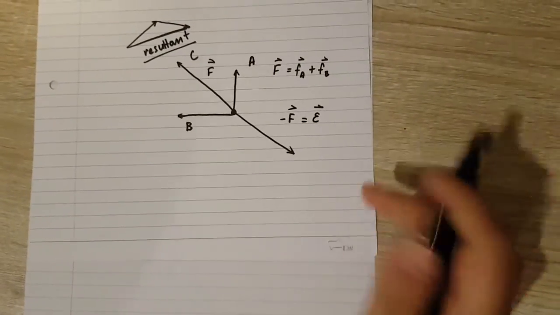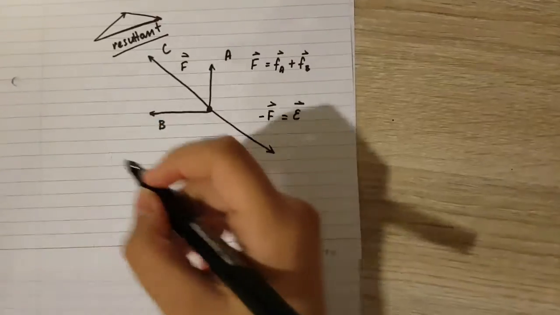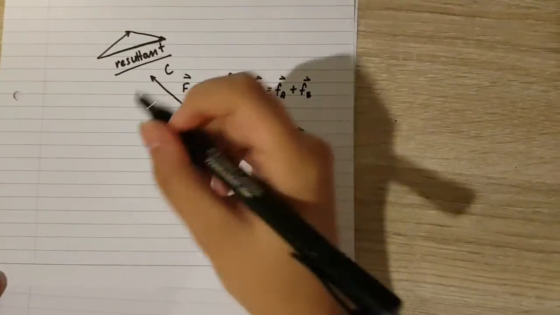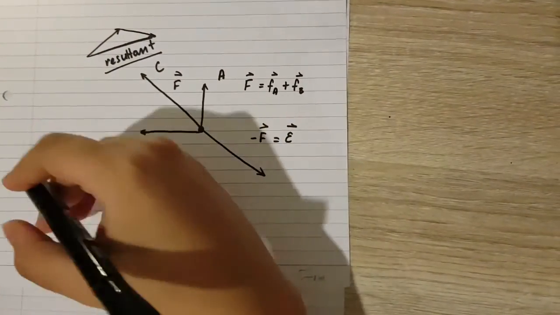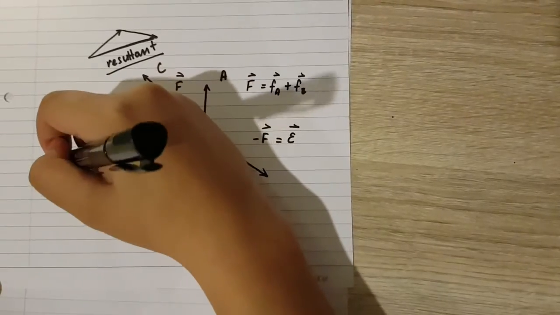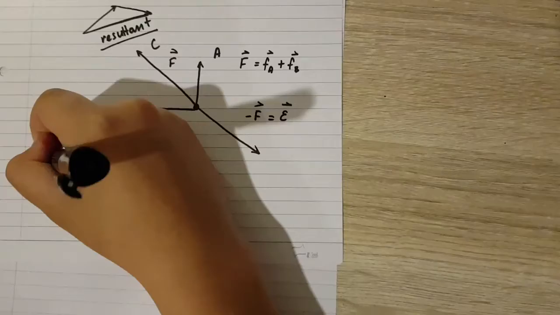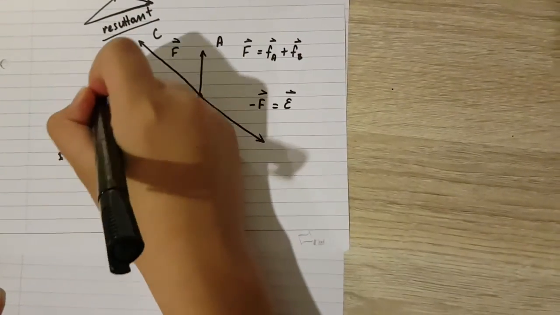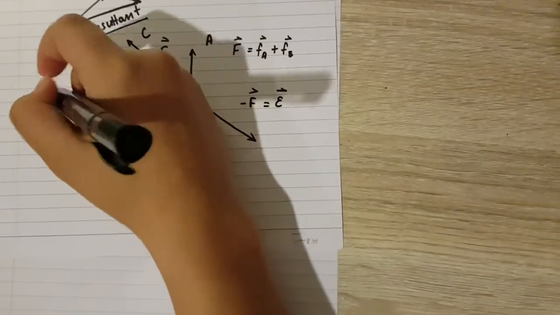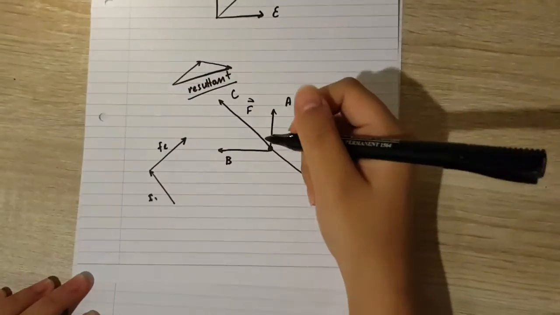To show more examples, we also can use the head to tail technique, the one which I was talking about earlier. Vector force 1, F2.